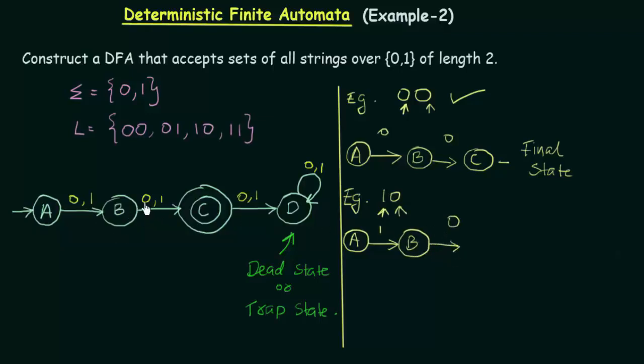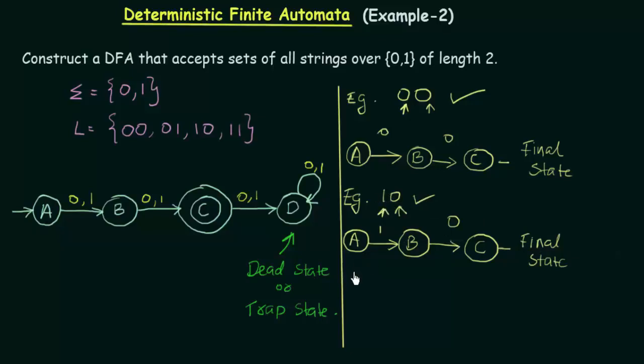It goes to state C. And I have reached the end of the string, and at the end of the string I am in state C, and is C the final state? Obviously it is. So this is also accepted. Why? Because it reached the final state.